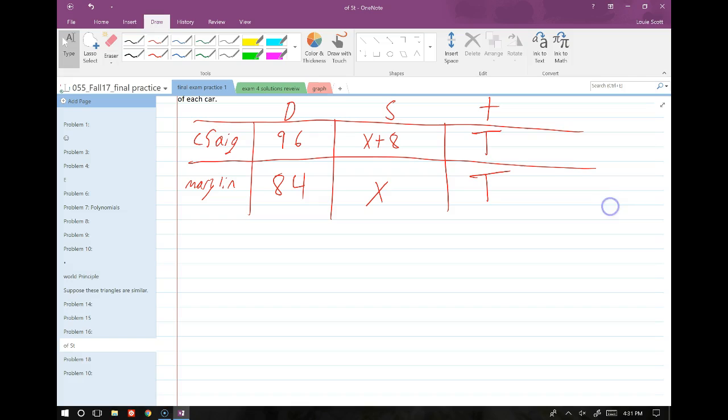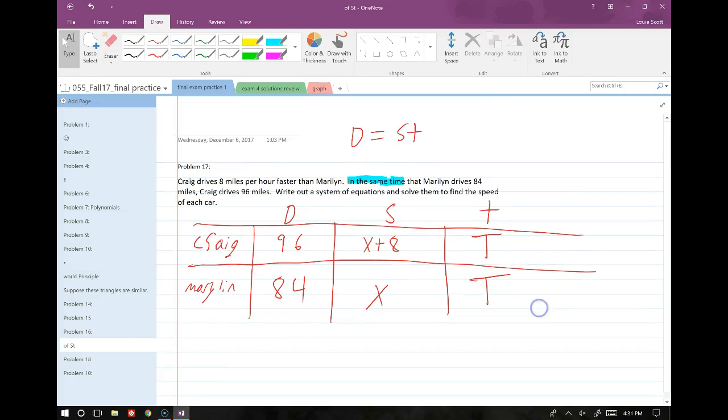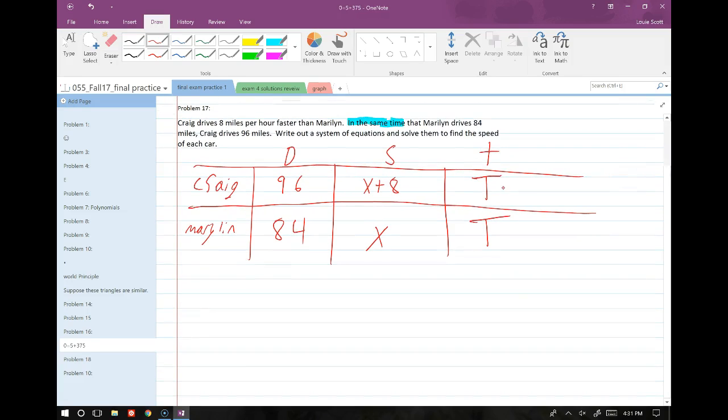Okay, so now we're going to set these up. We know using the classic D equals ST equation that if we solve for T, we get D over S. So this big T is equal to D over S: 96 over x plus 8. And this big T is equal to the same formula, 84 over x.